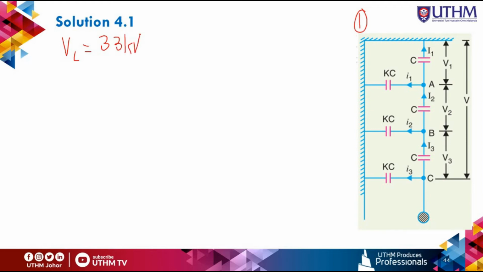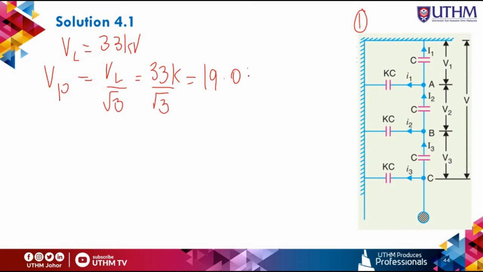As we know, the voltage across the string, which is the phase voltage, is V line over root 3. So 33 kV divided by root 3 gives 19.05 kV. This is the V phase or the V total, the voltage distribution for this system.